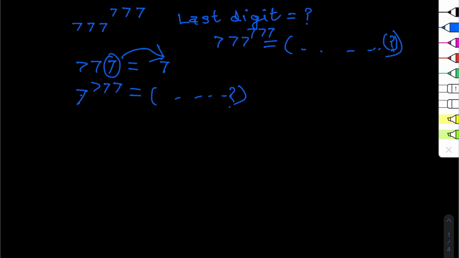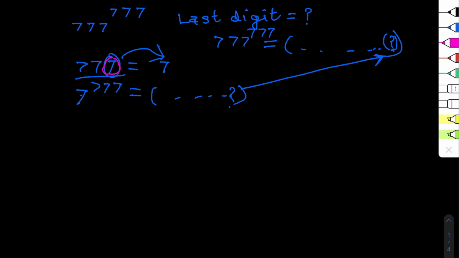that is a unit digit, and these two unit digits will be the same, because the unit digit depends upon the last digit of the base number. Here the base number is 777, and the last digit of 777 is 7.